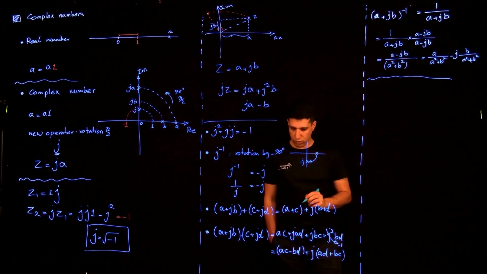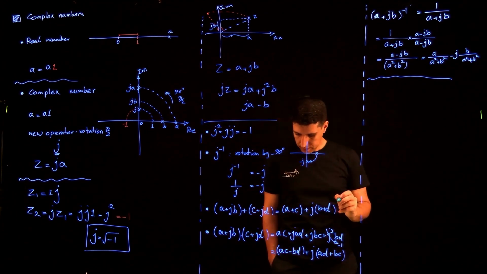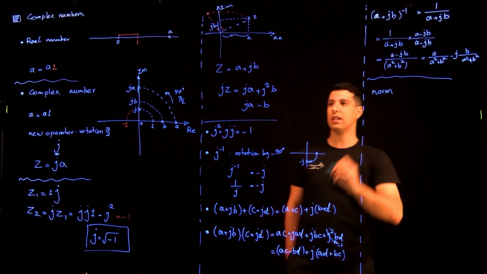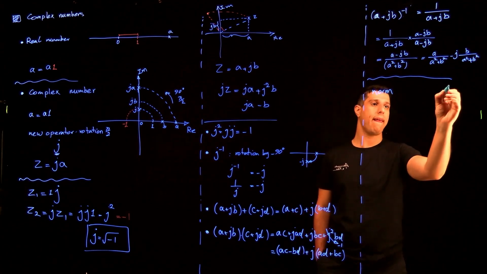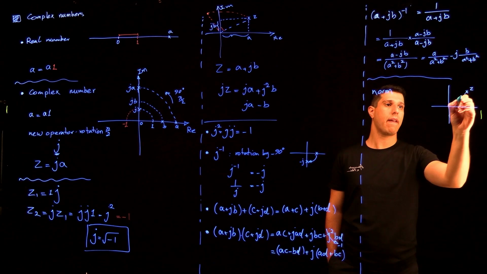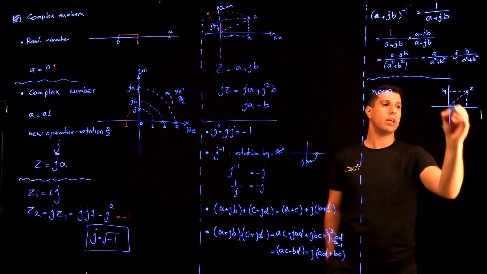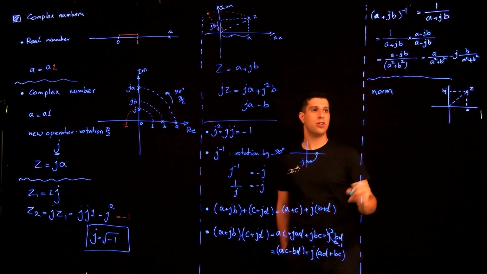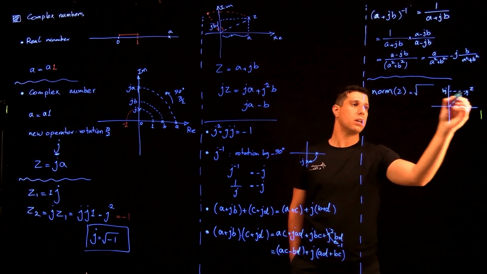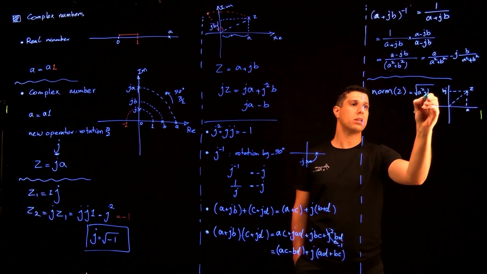And a few more definitions. So first of all, the concept of norm, or the size of a number. If I have this point Z, this is BJ, this is A. Norm of Z is the length of that line, which is the square root of A squared plus B squared.